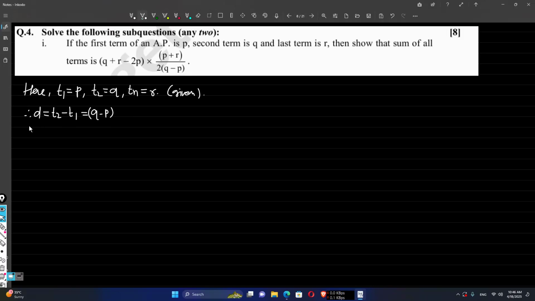Now, let's find the value of n, the number of terms in the AP, using the Tn formula, that is the formula of the nth term of an AP.